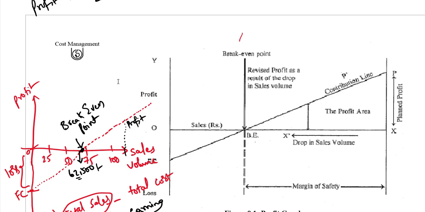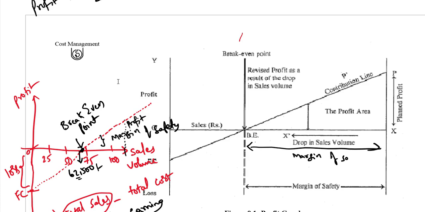So whatever it is selling beyond the break-even point, this is called margin of safety. Margin of safety. Okay. You can see the graph given in the book. Sorry, not this area. This area, after break-even point, this entire area is called the margin of safety.